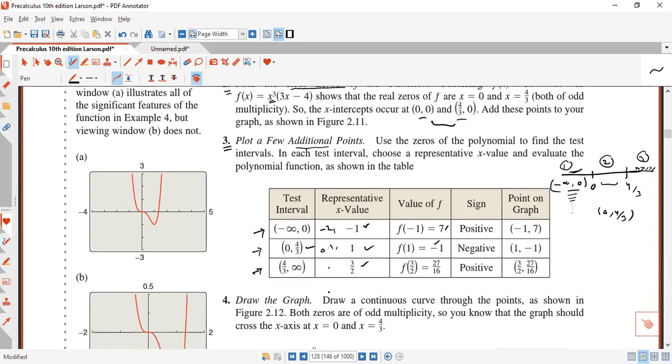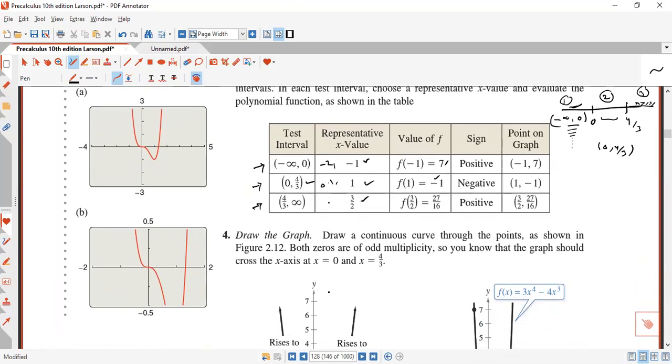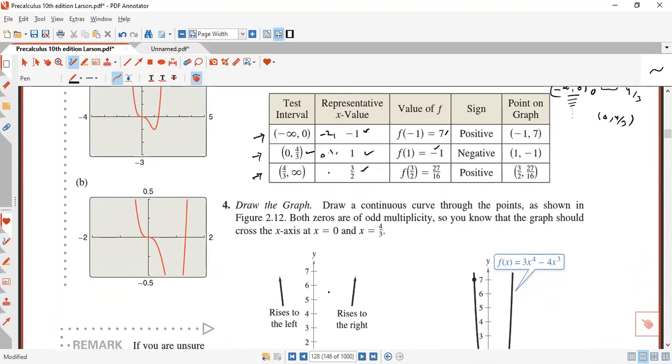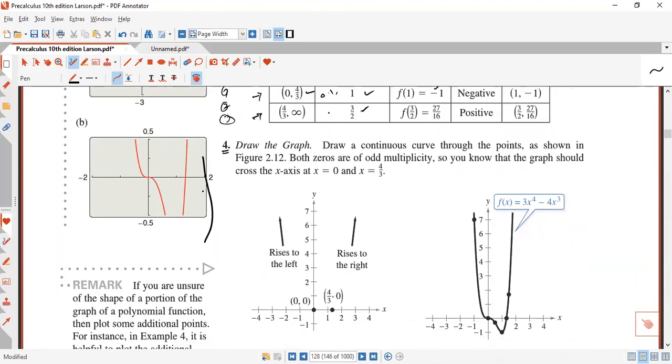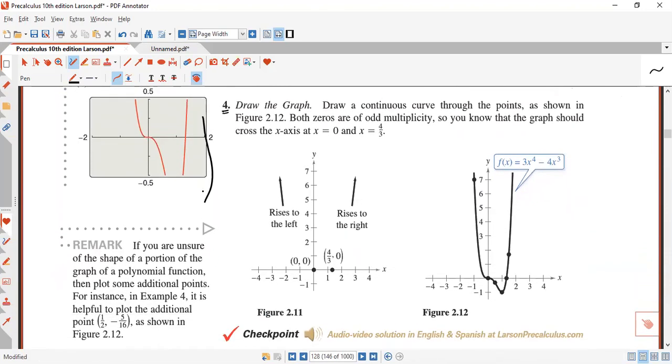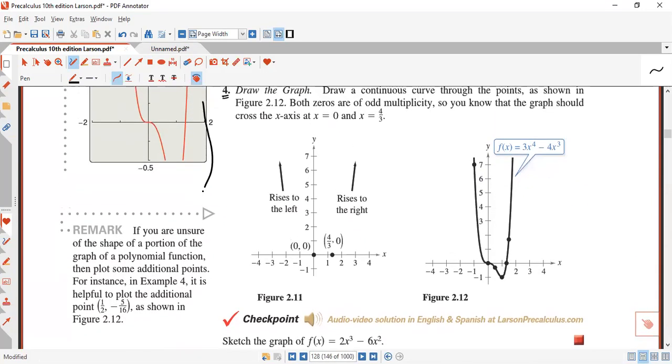Okay, is it clear? So now, keeping all these things in your mind, in the fourth step you have to draw the graph, draw the continuous graph. Before completing the graph, you may use these 3 steps: 1, 2, 3. As you know, in the first step we know that the graph rises to the left and right.